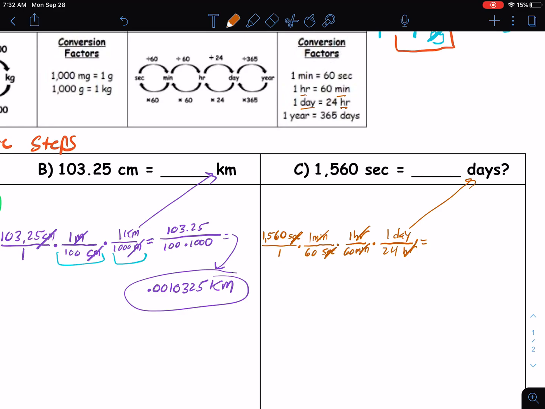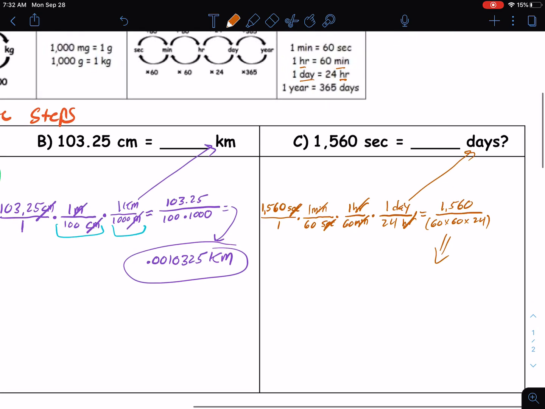Moving on here, we're going to multiply everything in the numerator together, which just comes out to be 1,560. And we're going to divide it by all the denominator multiplied together, so divided by 60 times 60 times 24.